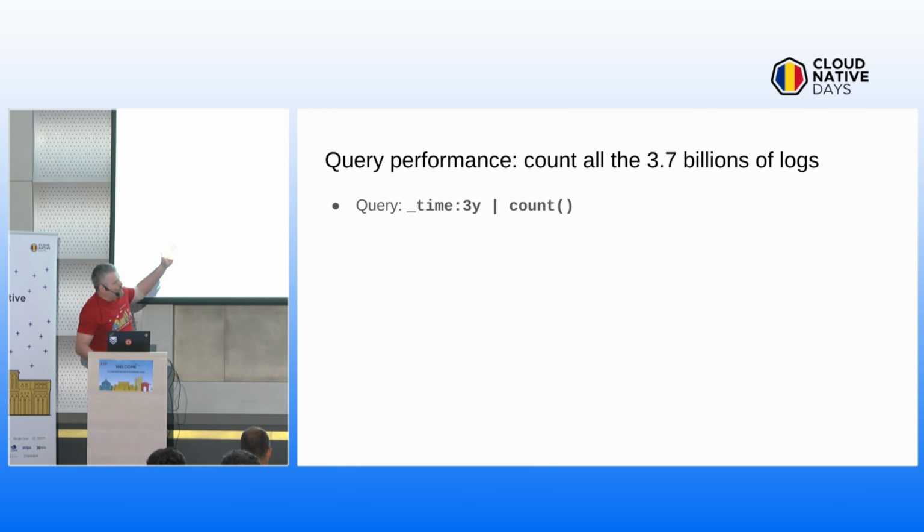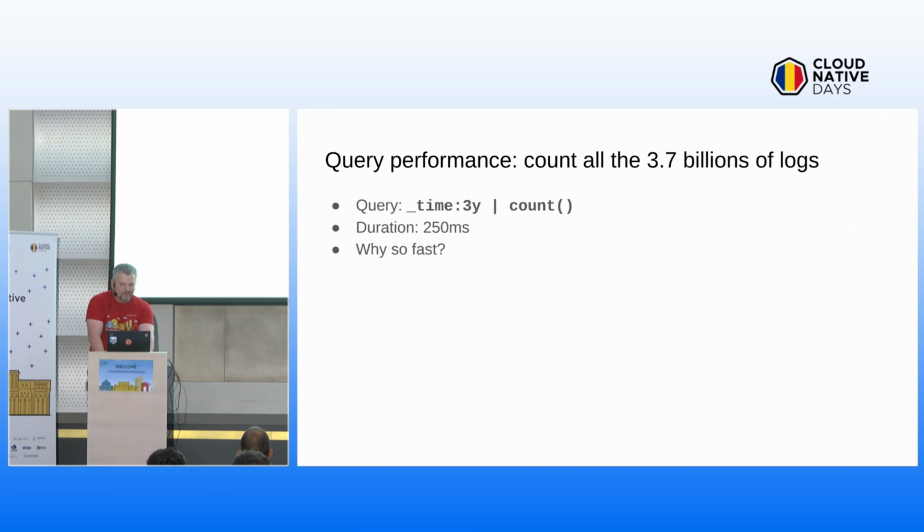You can see that it's pipe-based. Initially, you specify filters. In this case, you specify a filter on time, select all the logs for the last 3 years, and then count the number of logs. Such a query is executed in a quarter of a second.